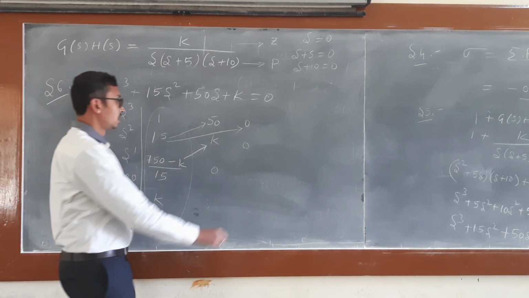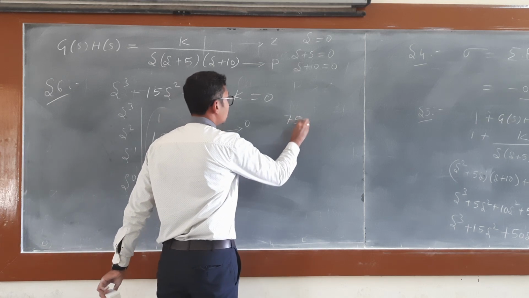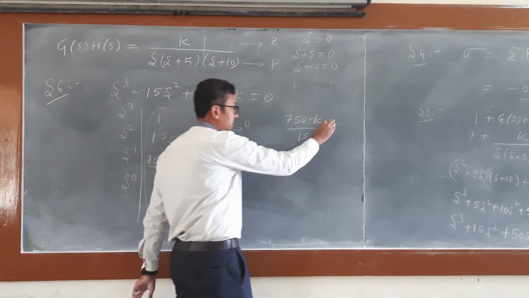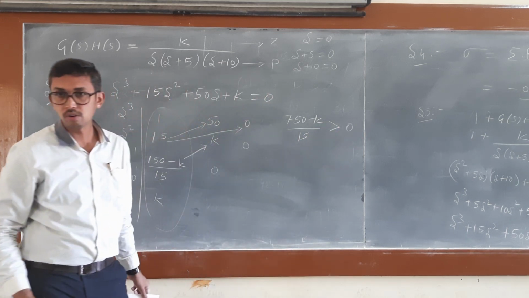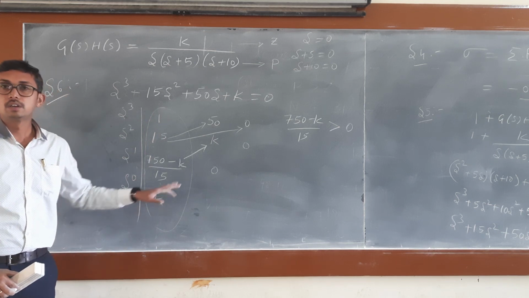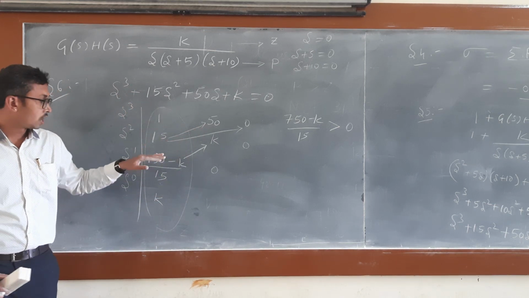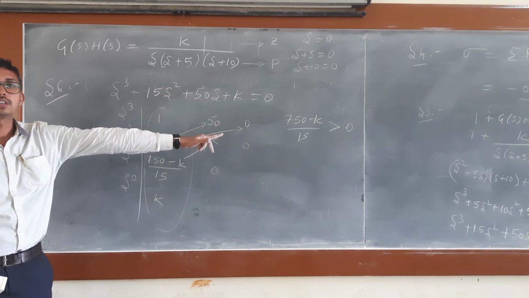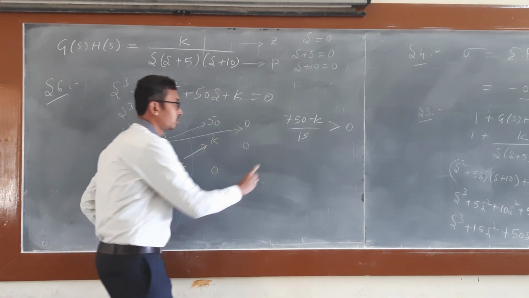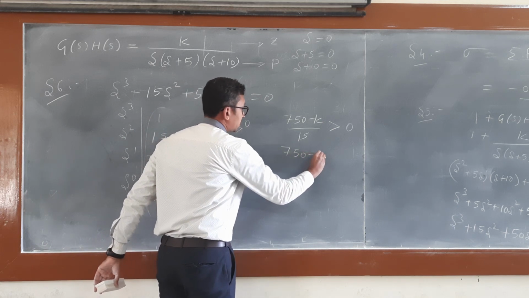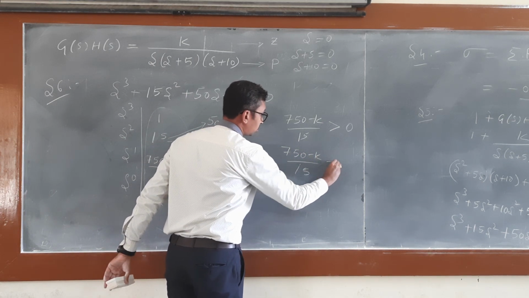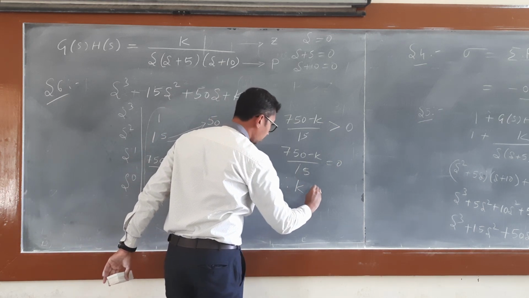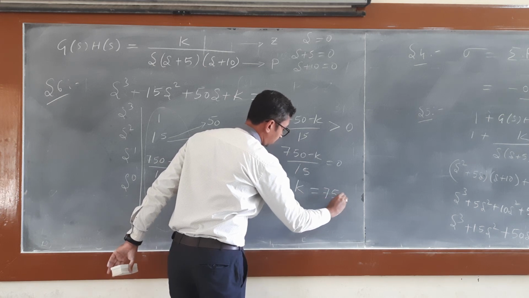Therefore, 750 minus k divided by 15 must be greater than 0. For the system to be stable, k must be greater than 0, and also this value must be greater than 0. So to find k, I equate it to 0: 750 minus k divided by 15 is equal to 0. Therefore, k will be equal to 750.